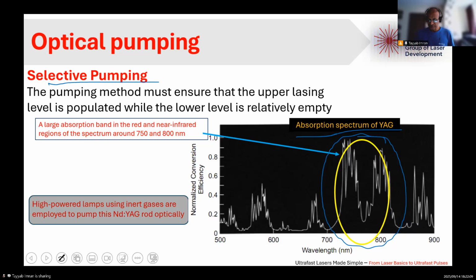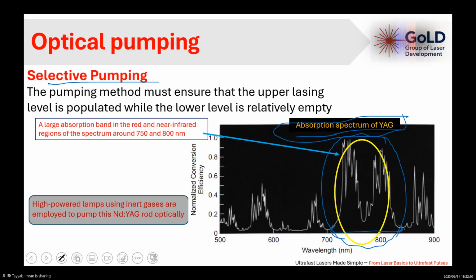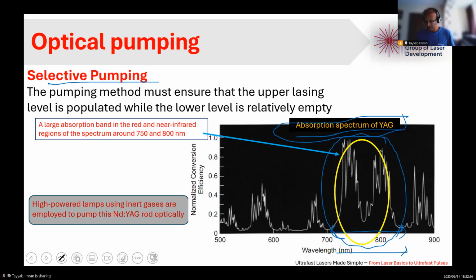So this is the absorption spectrum of the YAG, and this portion is very important here. Between 700 and 800 nanometer, we can see the absorption band range, from 750 to 800 nanometer, so the absorption band is about 50 nanometer.